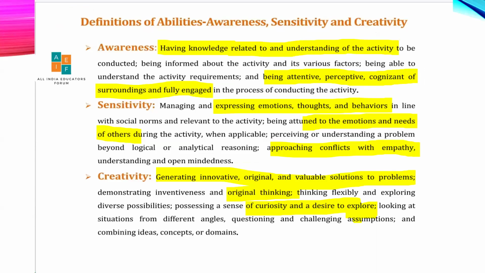Now we come to the abilities, definition of abilities, awareness, sensitivity, and creativity in the progress card. Now, what is awareness? Awareness in different domains. If you take the physical domain, the cultural aesthetic domain, language domain.